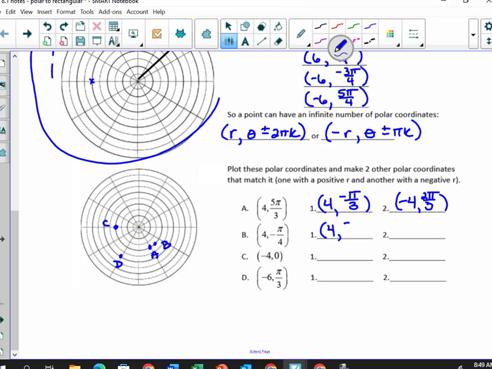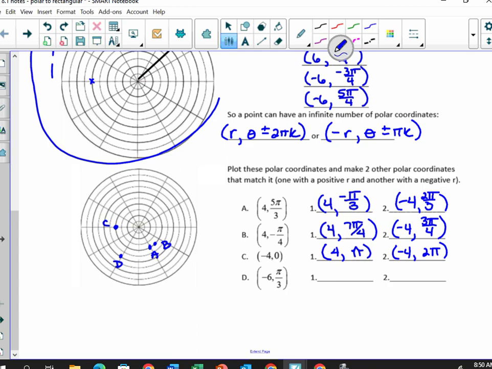Did you do 4 7 pi over 4? Yeah. All right, and let's see, negative 4 3 pi over 4. Are we on a roll, guys? Okay. Negative 4 0. You could do 4 pi or negative pi. Negative 4 2 pi. Sure. Could you do negative 4? Or no, it has to go around. You could do negative 4 negative 2 pi.